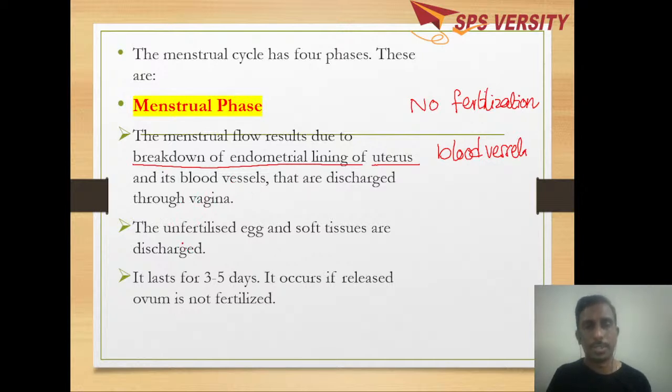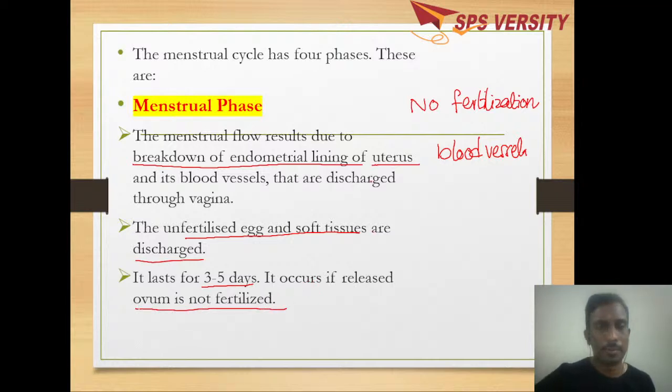In this process, along with the unfertilized egg, the soft tissues are discharged. How much time will it take? Roughly about 3 to 5 days. This takes place when the ovum is not fertilized. So this is the menstrual phase.